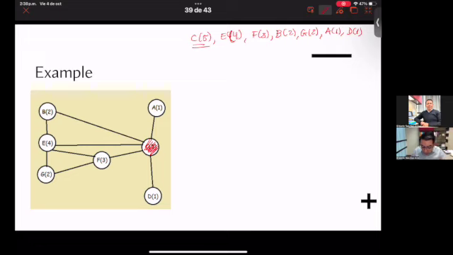And I will also check all the other nodes which are not connected with this one, and I will use the same color. So the only one here that is not connected to C is G. So this is the only one that I can color with the same color as C. So this guy is gone.